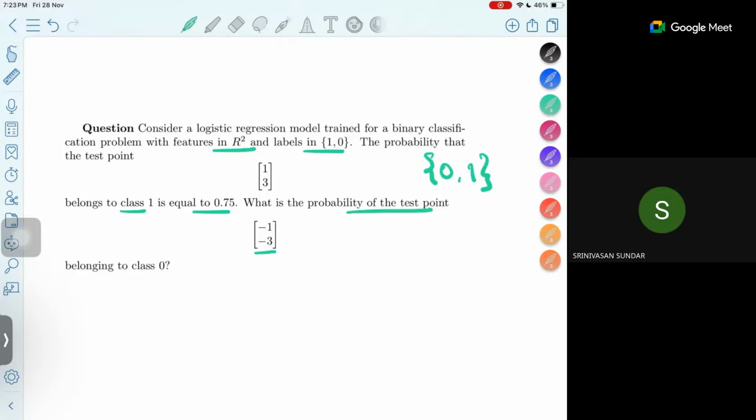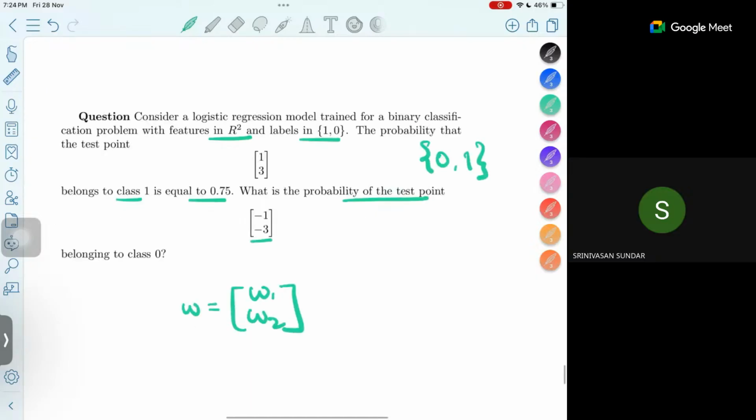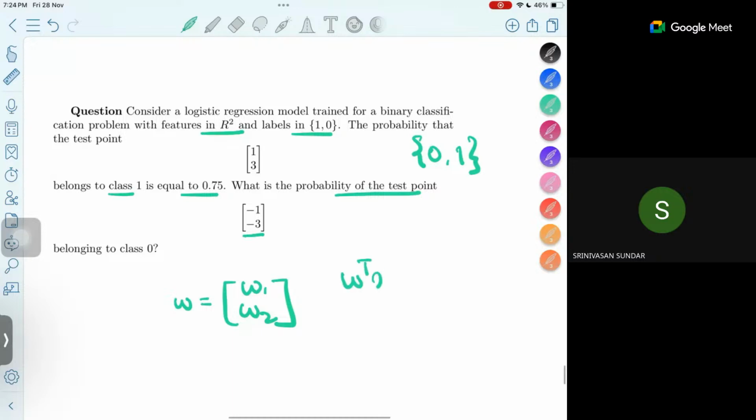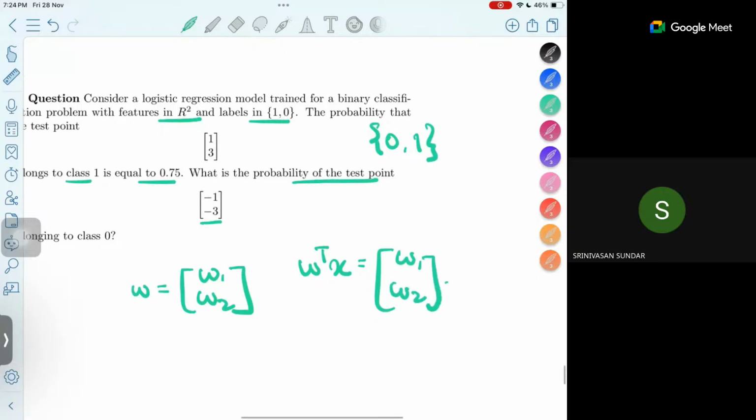One thing we can say is that there is some W, and this W is equal to W1, W2. This is the W vector. Now if I take W transpose X, then what I get is W1, W2 times the point.